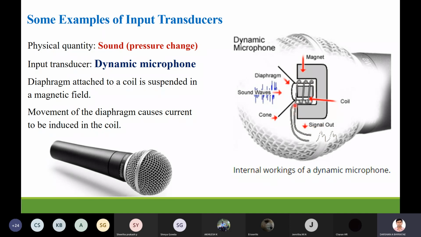The diaphragm vibrates, and whenever the diaphragm vibrates, an electrical signal is generated at the microphone.